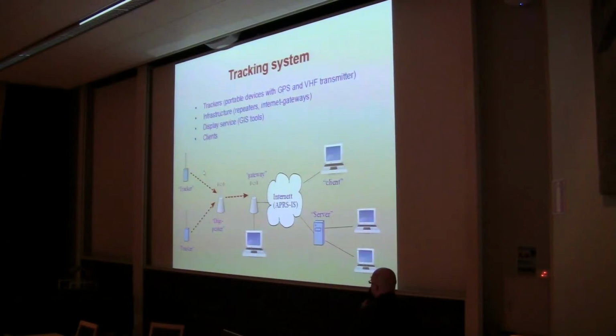Yes, the tracking system. There are trackers, which are GPSs and transmitters. We have repeaters. We have gateways to the internet. The positions are streamed onto the internet, received by clients or GIS servers, which is my focus, and presented on the map.